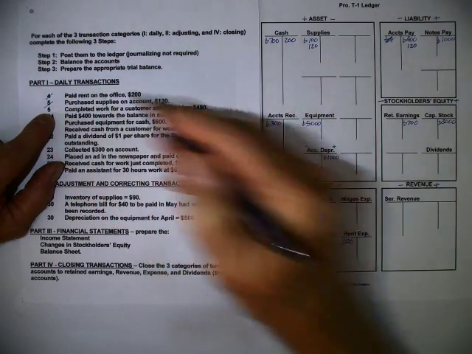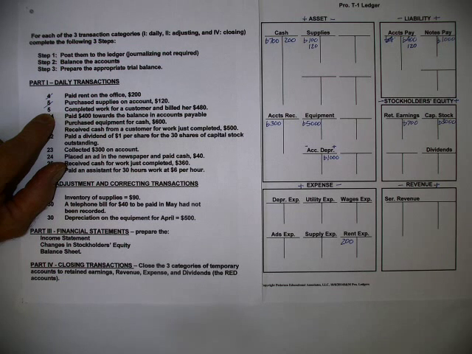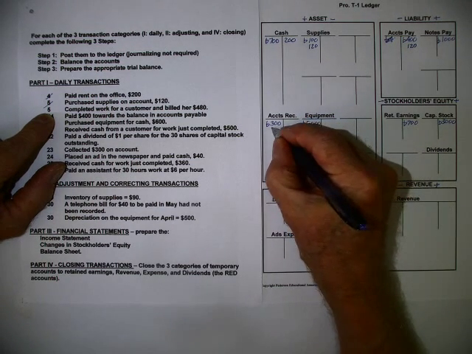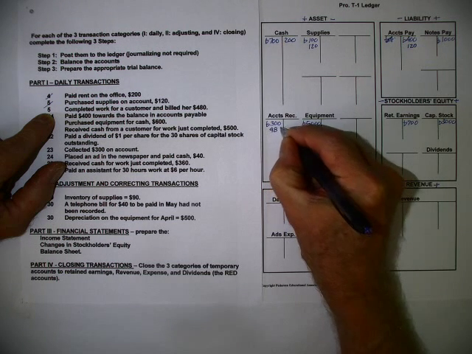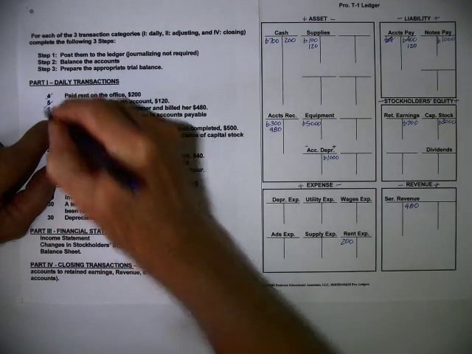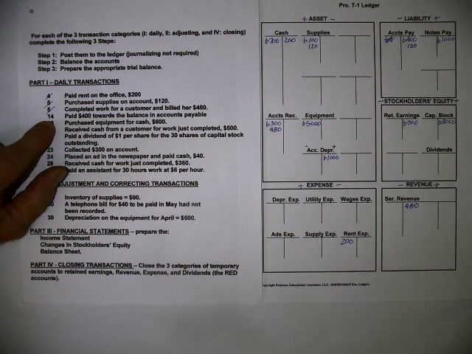Then we completed work for a customer and billed her $480. All right, because we billed her, the money is owed to us, so we're going to put it into accounts receivable, $480, and it becomes service revenue, $480. We paid $400 towards the balance in accounts payable.